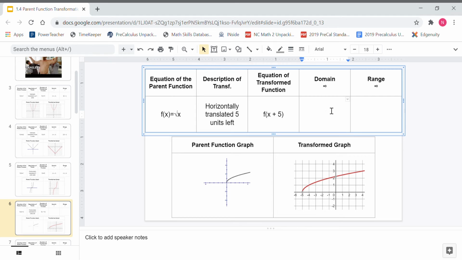When we have a plus 5, we're going to the left, but when we have a minus, we're going to the right. This domain changes. Horizontal is left and right, so that will affect your domain, but it does not affect your range. My domain is now negative 5 to infinity, and my range is 0 to infinity.